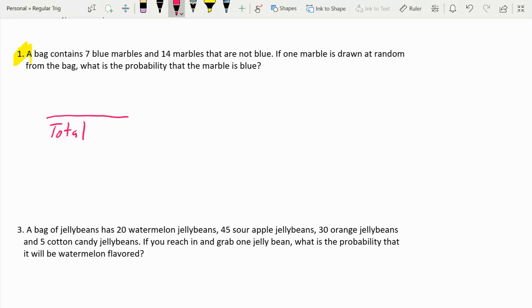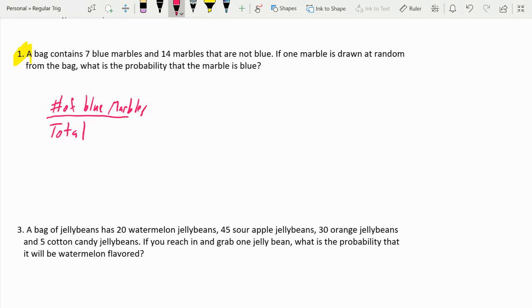And then the numerator is what are they talking about? In this case they're talking about the probability that the marble is blue, so the number of blue marbles. That's all we have to do for these type of problems.